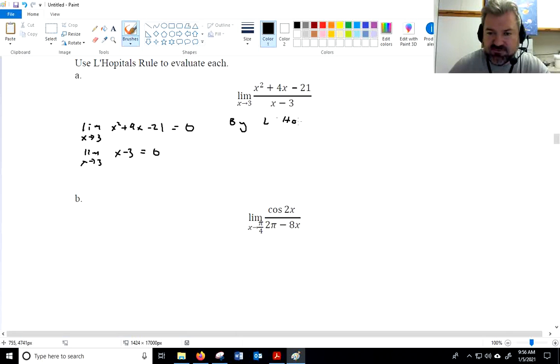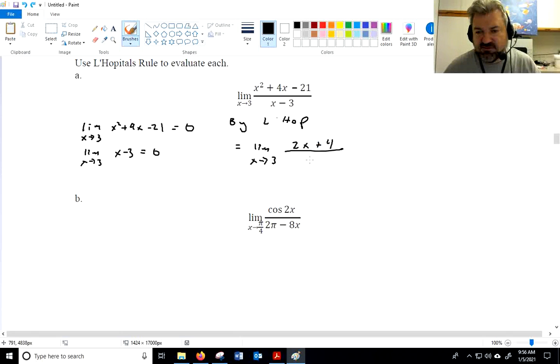So by L'Hopital's, we know that this limit is equal to 2x plus 4 over, the derivative of x minus 3 is actually just 1, not x. So I can plug in directly, and I get 6 plus 4 is 10. Which is what you would get if you did this algebraically, because you would factor as x minus 3, x plus 7. The x minus 3's cancel. So it works the same.